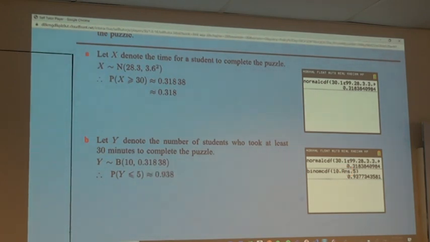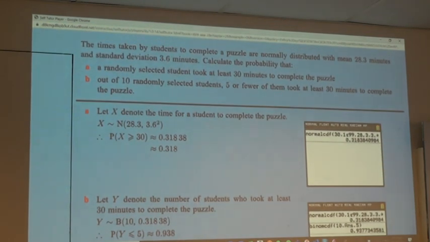You will notice the introduction of a new random variable. Please look closely. The time taken by students to complete a puzzle are normally distributed. There was no indication about how many students are involved. Okay? In number B, out of 10 randomly selected students, now there's a new distribution.